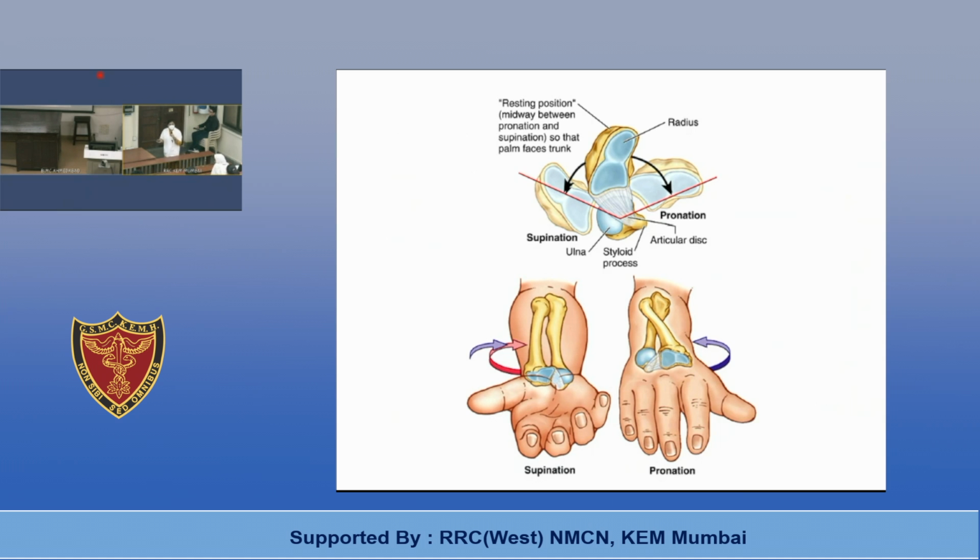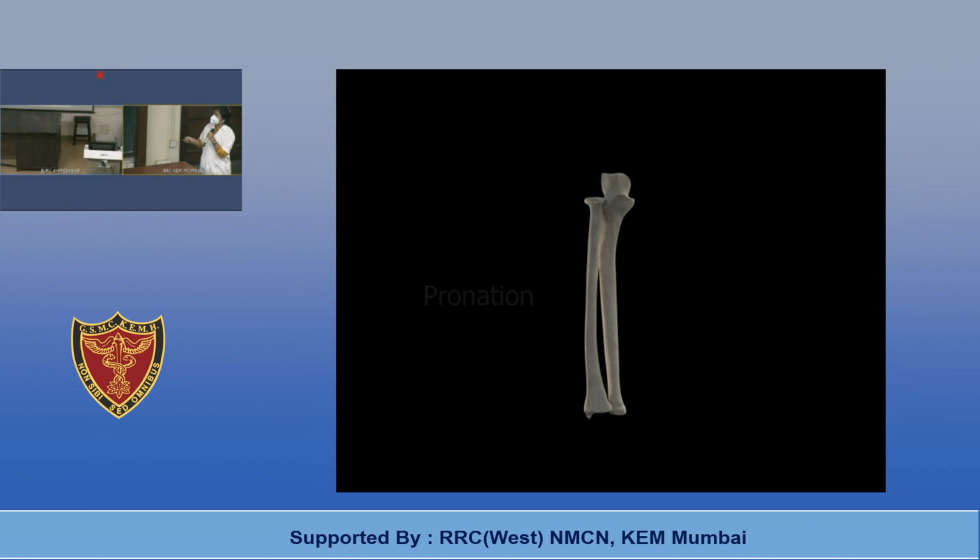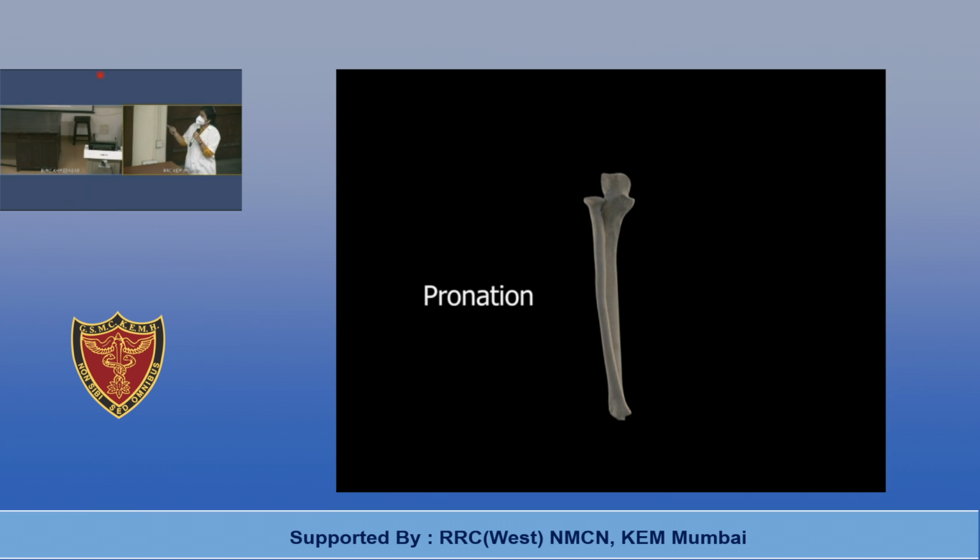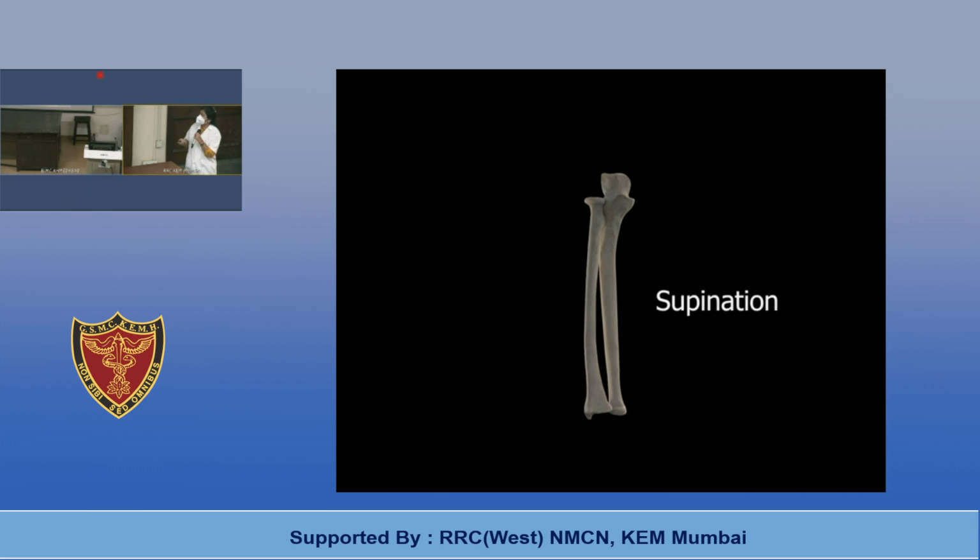With a flexed elbow, there is also a slight movement of the lower end of the ulna. As the radius moves forwards and medially, there is backward and lateral movement of the lower end of the ulna, which helps in pronation. With supination, it is positioned back to the normal position. That's how the radius rotates at the superior and inferior radio-ulnar joints.